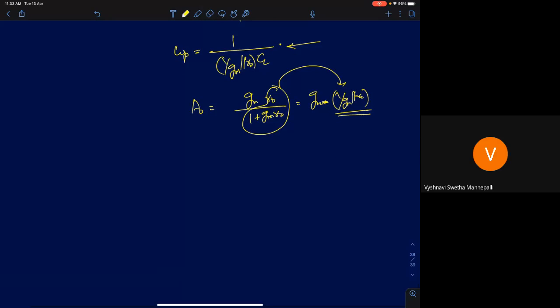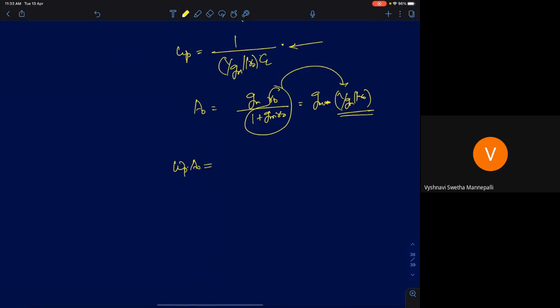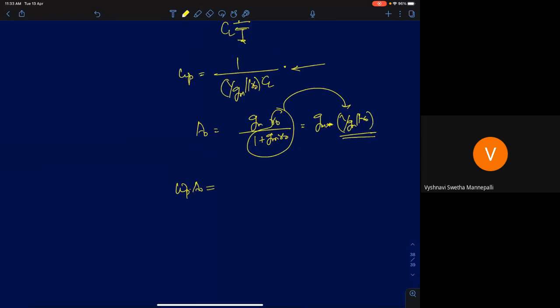So what is your gain bandwidth product? What's omega P into A0? It is GM by CL itself. When I multiply the pole and A0, these two terms cancel out, and you get GM by CL.